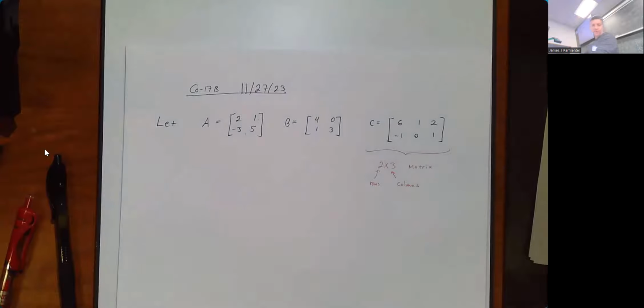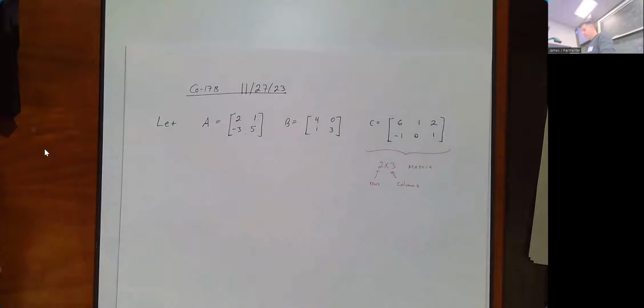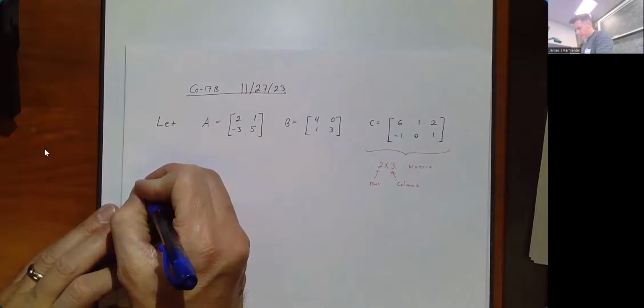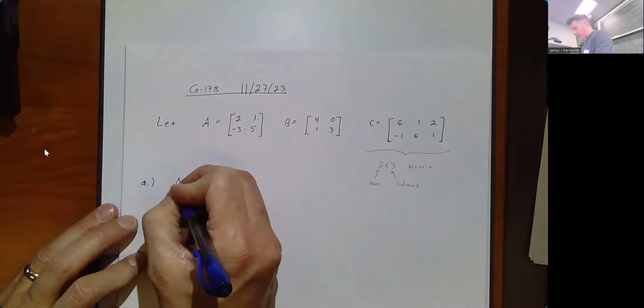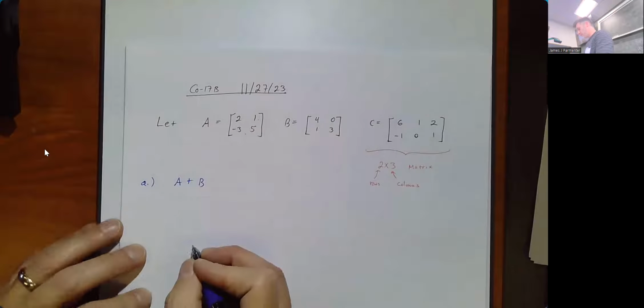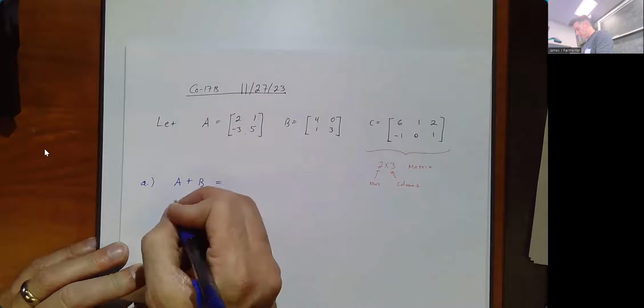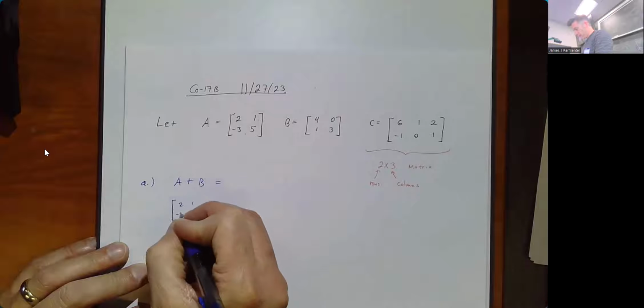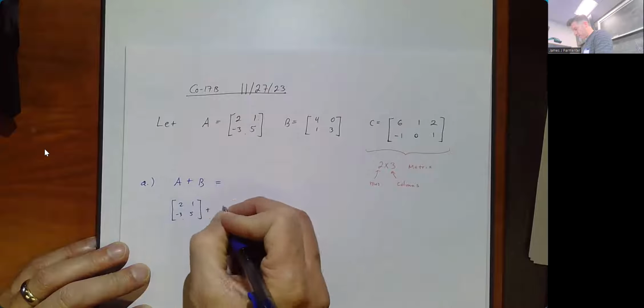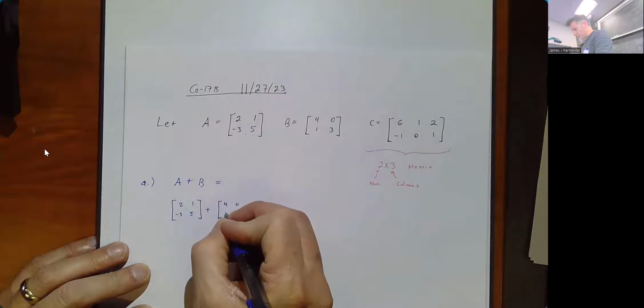All right, so let's add some matrices. Let's do A plus B. Well, A plus B is going to be 2, 1, -3, 5 plus 4, 0, 1, 3.